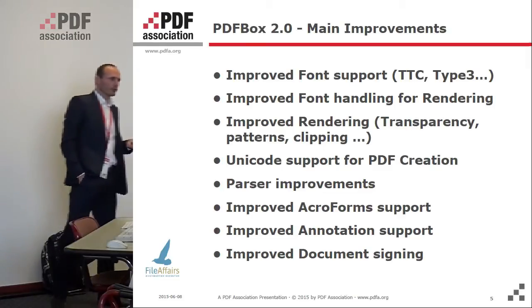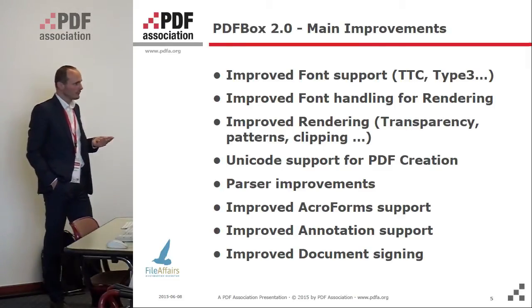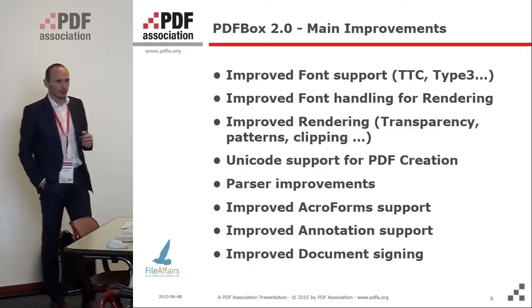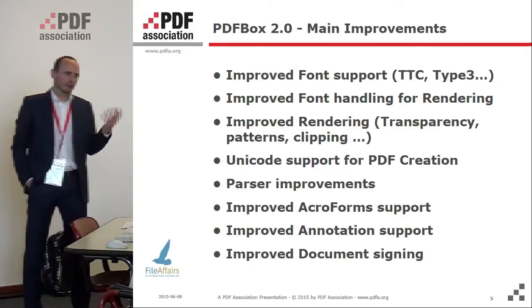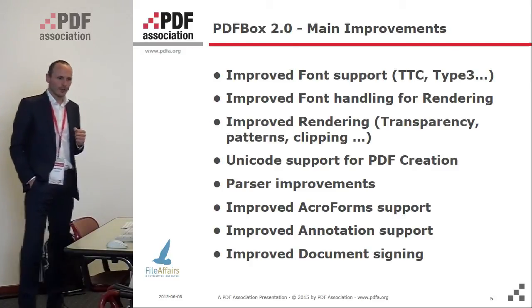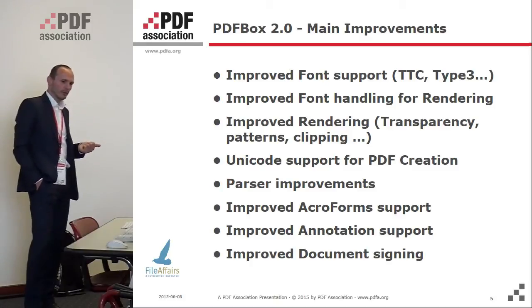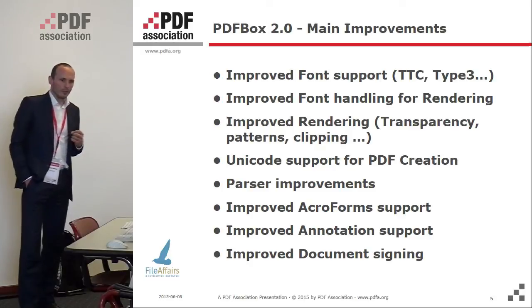That was for text extraction. That was for generating new PDFs. For example, when you generated a new PDF using PDFBox, you couldn't use the Unicode character set, which is a pity if you're outside of US ASCII and a little more. So we now have full Unicode handling for text extraction, for rendering.